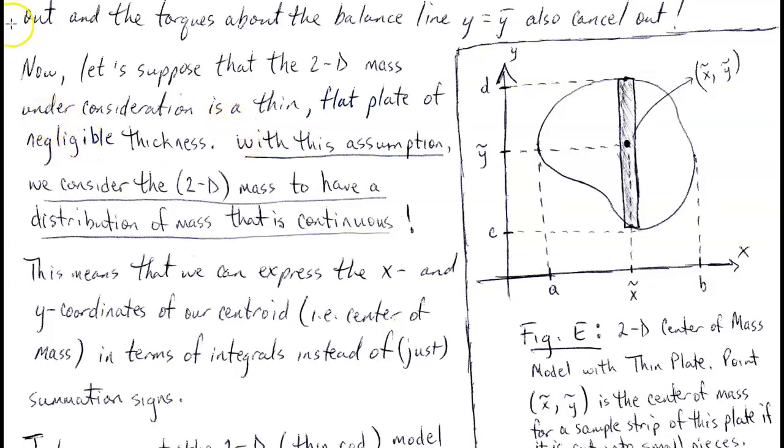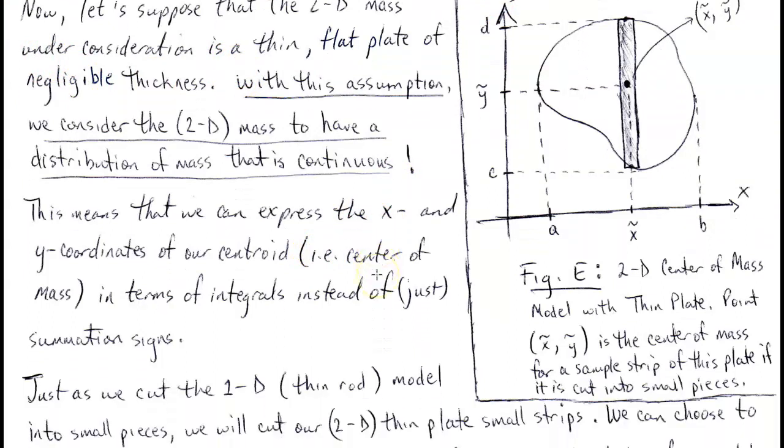So to make a long story short, the way we're going to model this situation for a two-dimensional figure is that we're going to concentrate on modeling a sample piece, or what we're going to call a strip of it. If you've been watching my videos, we did this sort of thing when we talked about modeling problems dealing with work.